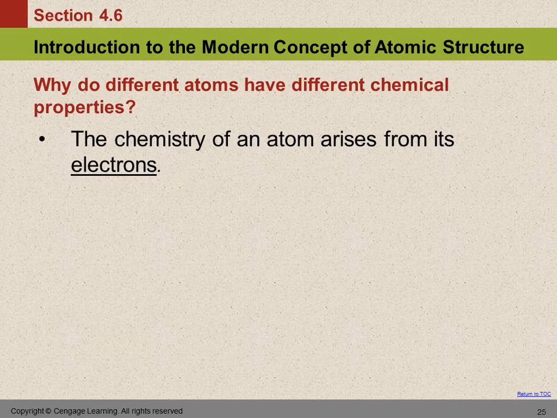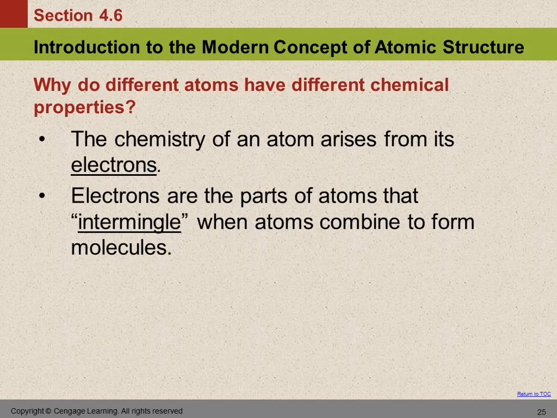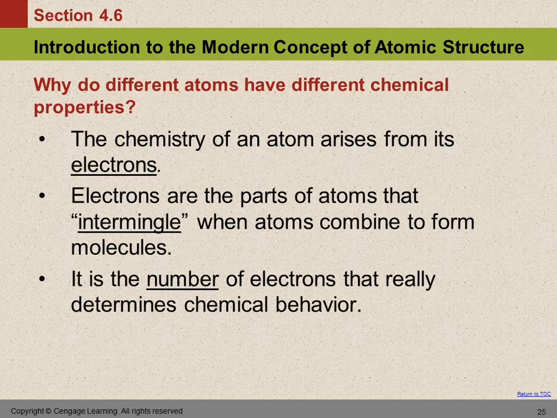So it's the electrons that give rise to the chemistry of the atom. The electrons intermingle when atoms combine to form molecules. The number of electrons determines the chemical behavior. And we'll learn more about why that is later.